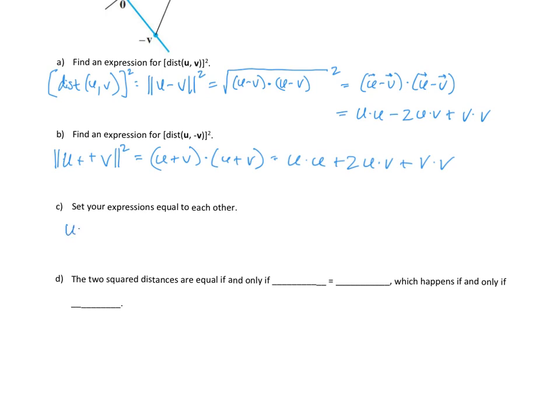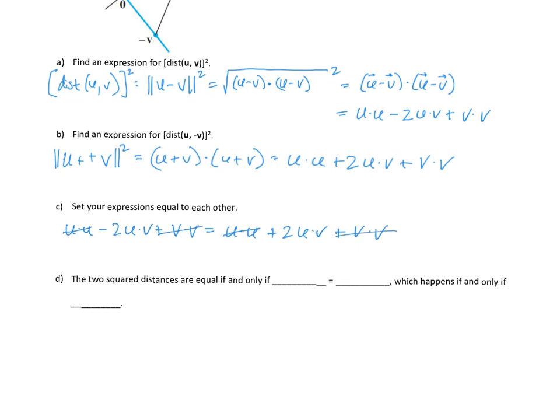So u dot u minus 2 u dot v plus v dot v equals u dot u plus 2 u dot v plus v dot v. Okay, so the u dot u's appear on both sides, so you can subtract them out. Same with the v dot v's.